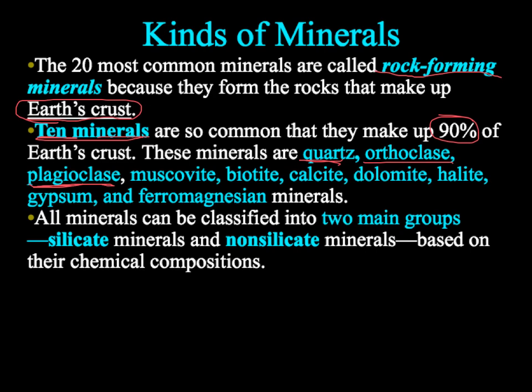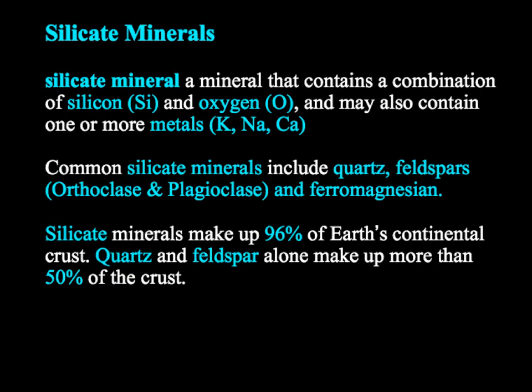And we can then reclassify minerals, including these 10, into two main groups: silicate minerals, which have silicates, which is silicon and oxygen, and non-silicate minerals. And it's all based on their chemical composition. What are they made out of? So the silicate minerals contain both silicon and oxygen.